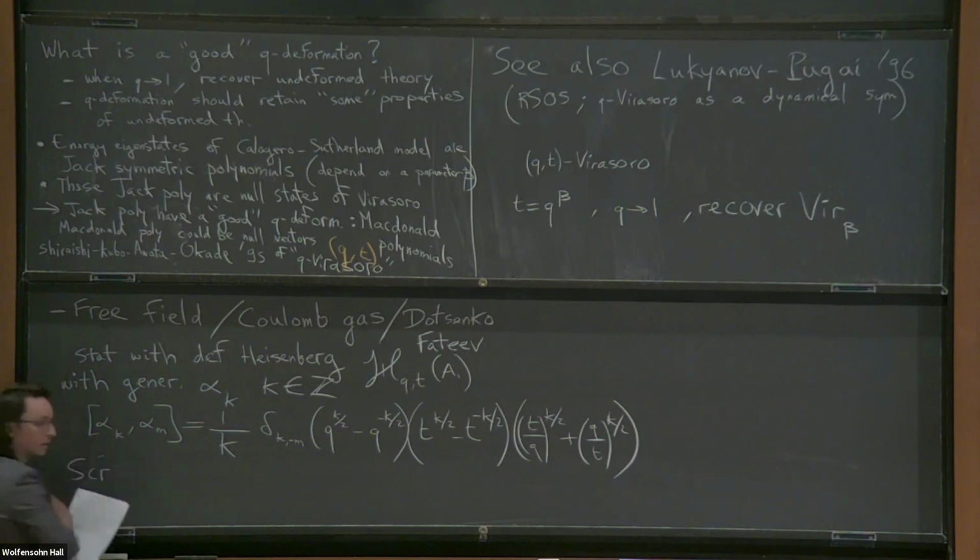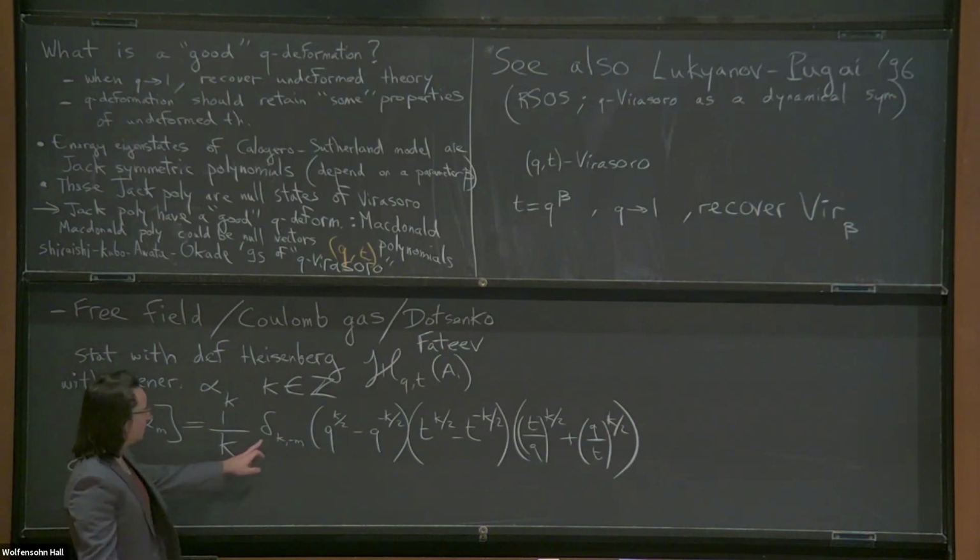Sorry, q and t are just numbers here, right? That's right. So if I rescaled this, this would just be standard. If this is the only formula we have, we could get rid of it by rescaling the alphas. Or is that wrong? Because of the delta_{k+m}, it looks like it's correct.